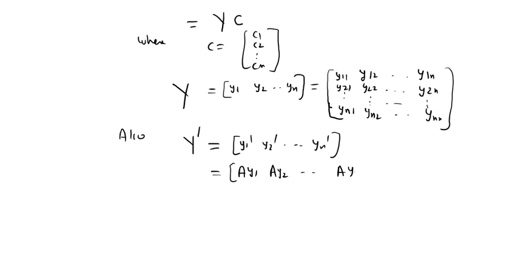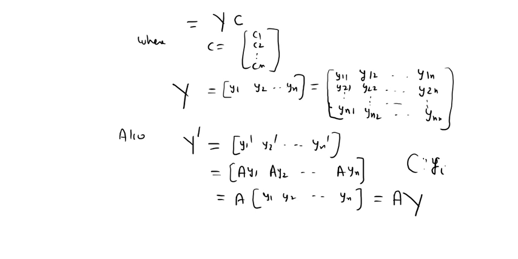Since all are solutions, you can take the matrix A outside, and you again get capital Y. So since yi dash equal to A yi, solutions of the system, here capital Y dash equal to A times Y.